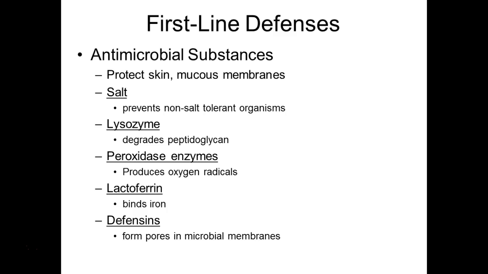Defensins are microbial substances, commonly amino acids, that can insert into the membranes of microbes and disrupt their membranes and kill those cells. It's like taking little amino acid daggers and sticking them into the microbial membranes.